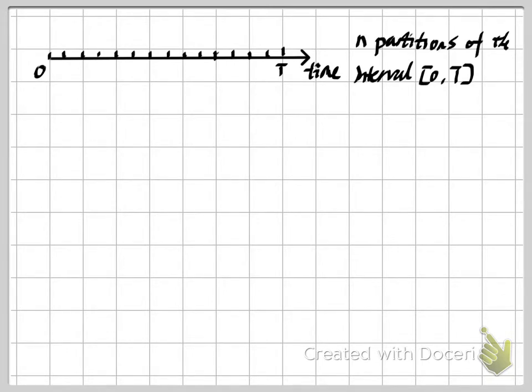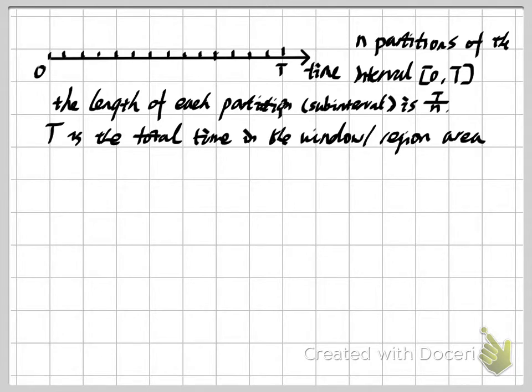Because the total length of the interval between 0 and capital T is capital T, the length of each sub-interval, each small partition, should be capital T divided by n.